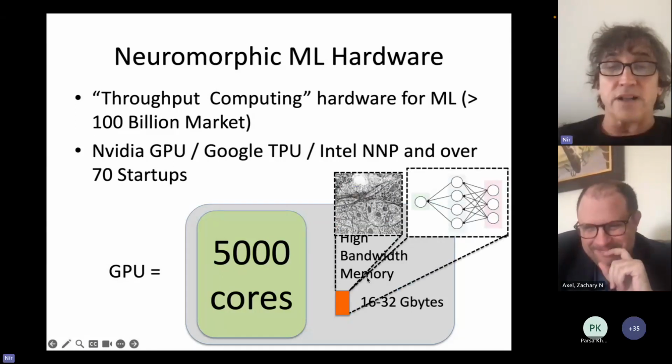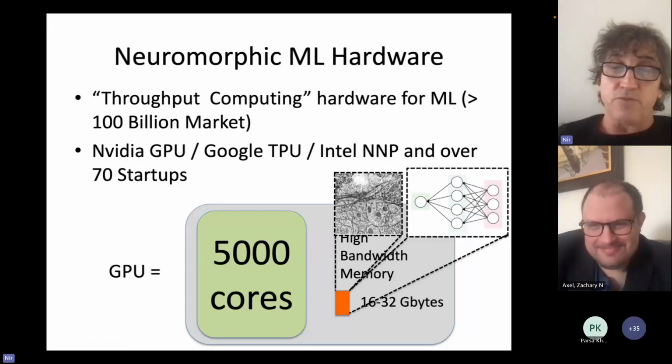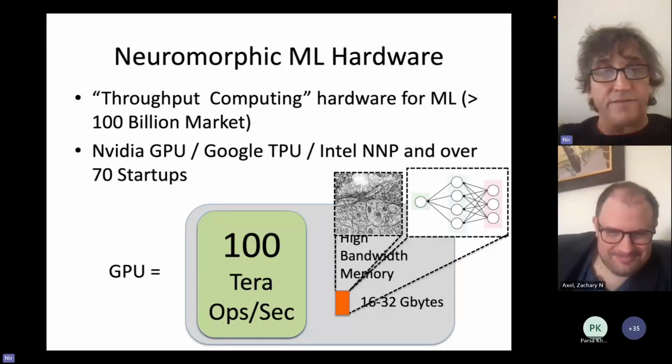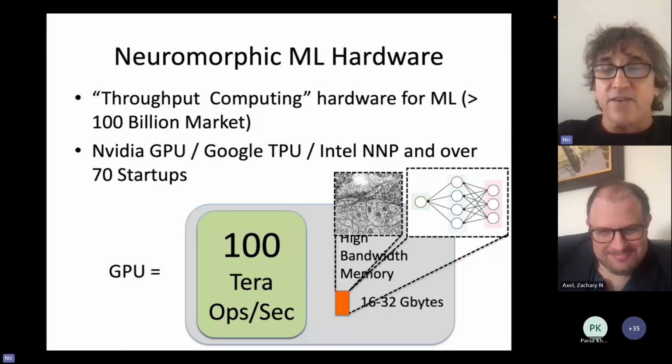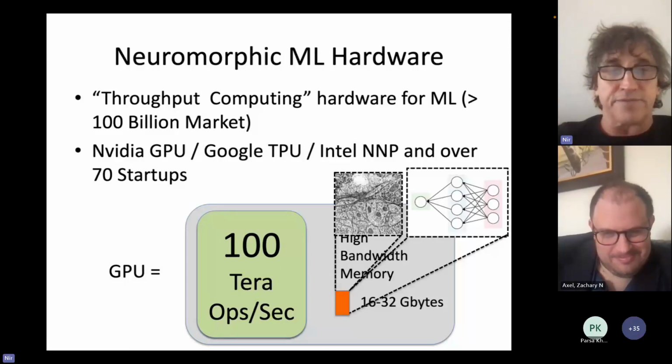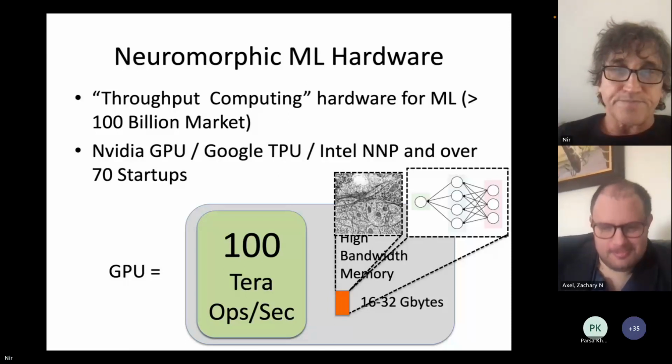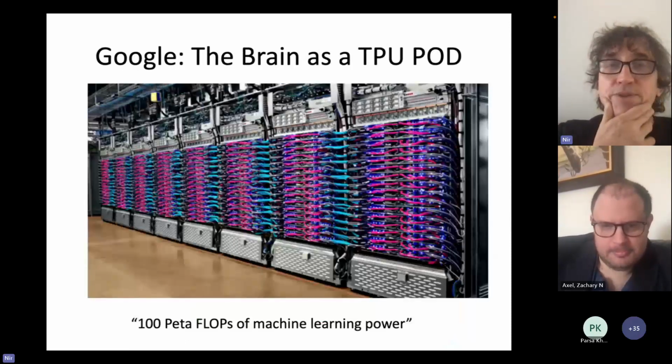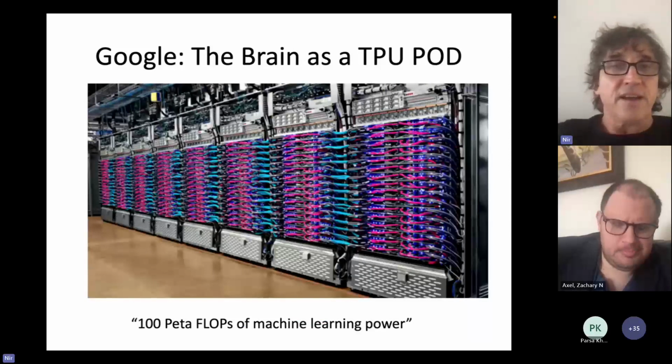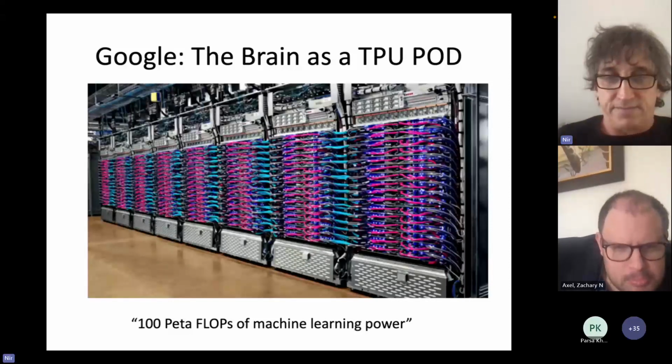You put your model and your data into your GPU memory, and then you have 10 teraops of compute, 100 teraops of compute applied to it, okay? So that's how we compute. And if we want to do something much more meaningful, like train a very large model, the way we're going to do that is by connecting these devices together to make these huge pods, okay?